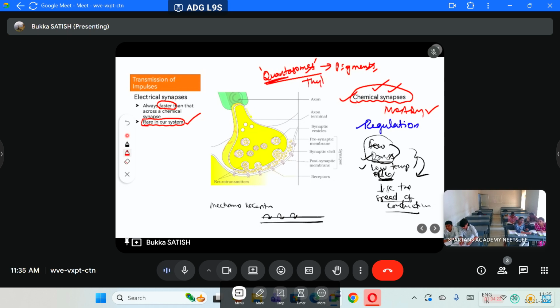Thylakoid membrane. So basically, pigments only. Clear?